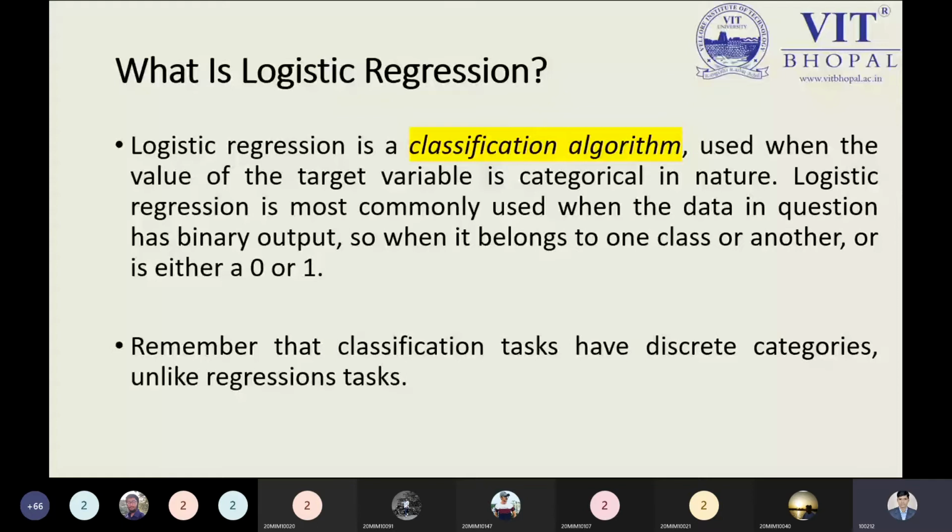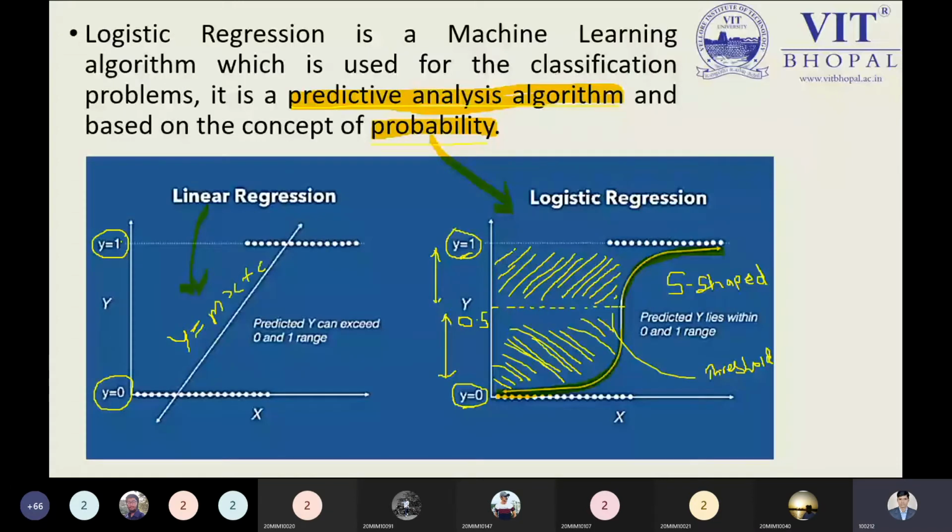Now, next we have the difference between linear regression and logistic regression. I have taken this image in a simple way for all the people so you can easily understand. So, in linear regression, what are you observing? In linear regression, we have the data in one manner that is known as the straight line equation.